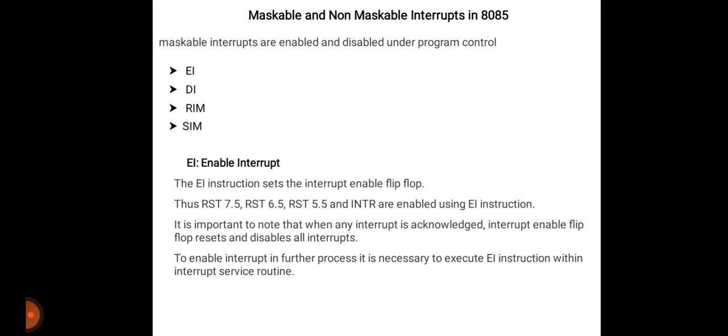It is important to note that when any interrupt is acknowledged, the interrupt enable flip-flop resets and disables all interrupts. To enable these interrupts in further process, it is necessary to execute the enable interrupt instruction within the interrupt service routine. This is the function of enable interrupt.